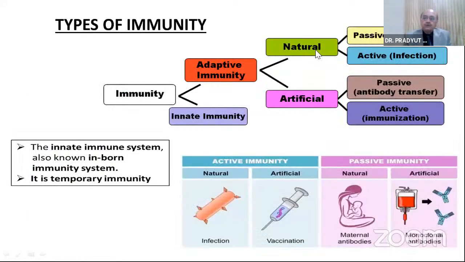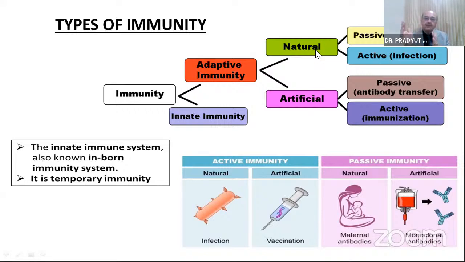Before we actually go into the immunomodulators, let us just recapitulate the types of immunity present. Immunity can be divided into innate immunity and adaptive immunity. The innate immune system is also known as the inborn immune system, which is there since our birth. The adaptive immunity can again be divided into natural adaptive immunity and artificial adaptive immunity. The natural adaptive immunity can be acquired passively, for example, through the transfer of maternal antibodies through the breast milk when the child is breastfed, or actively, whenever the child gets any infection.